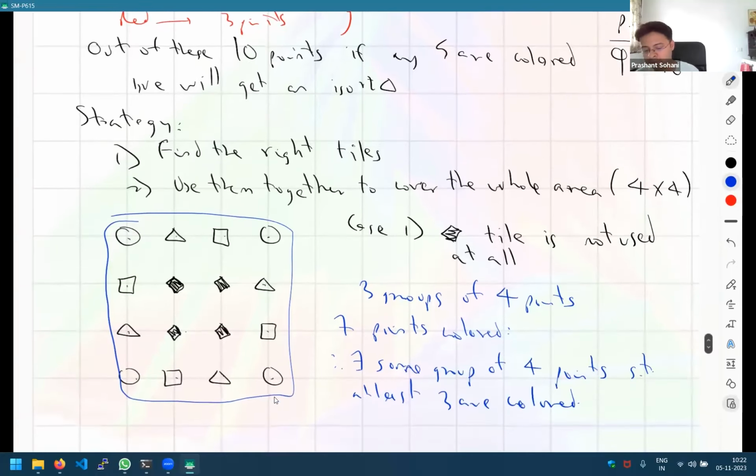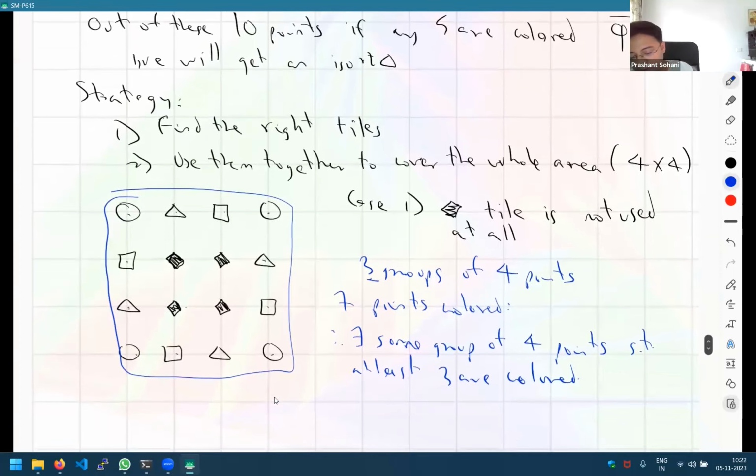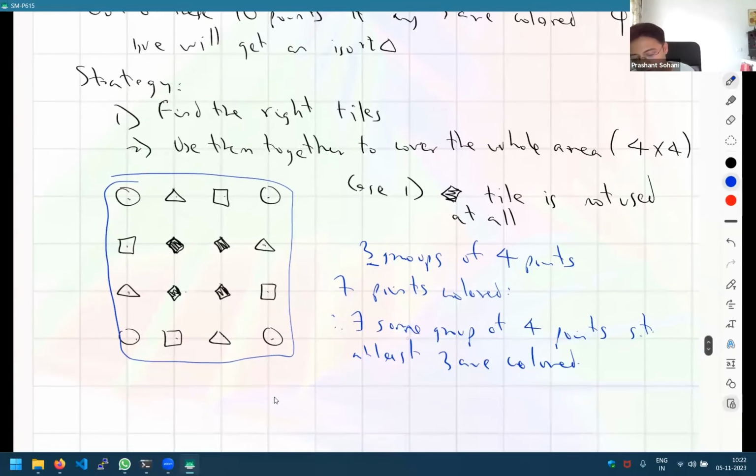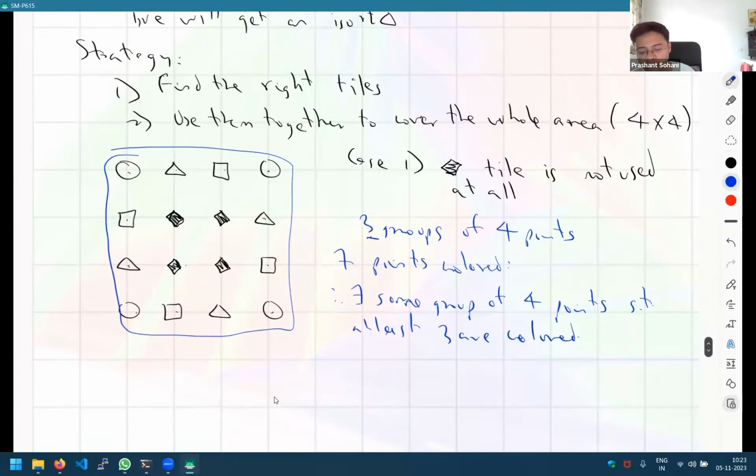Okay. Because otherwise what will happen? I have 3 groups. If each of the groups has only 2 points, then 2 3s are 6. I'll only get 6 colored points. So this is just the pigeonhole principle. And whatever that group is, because that group is forming a square, right? So in other words, we are using that square arrangement first.